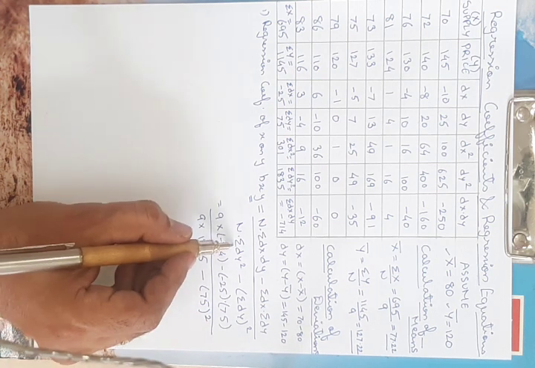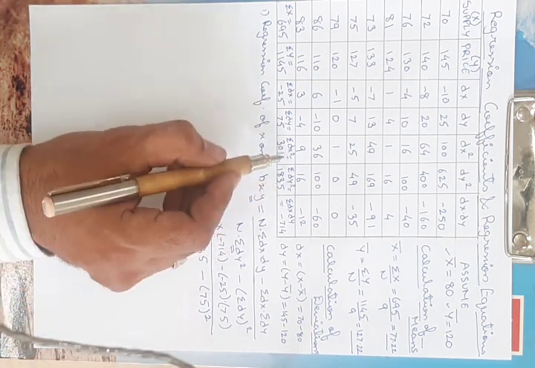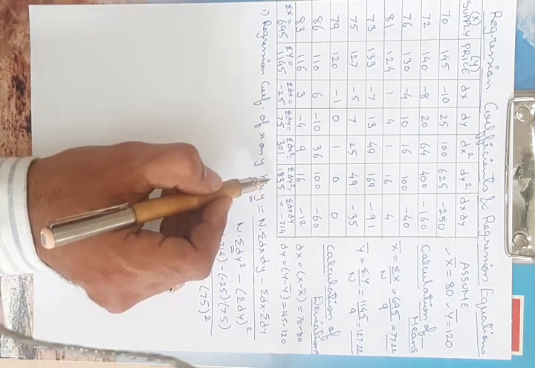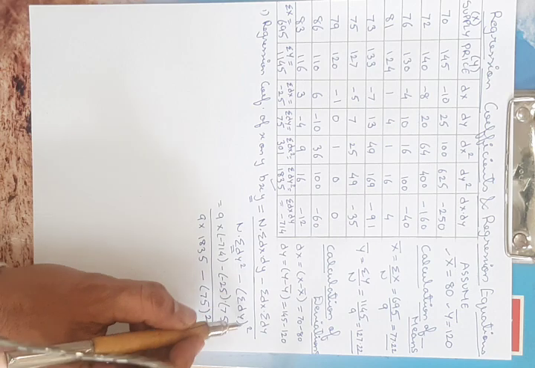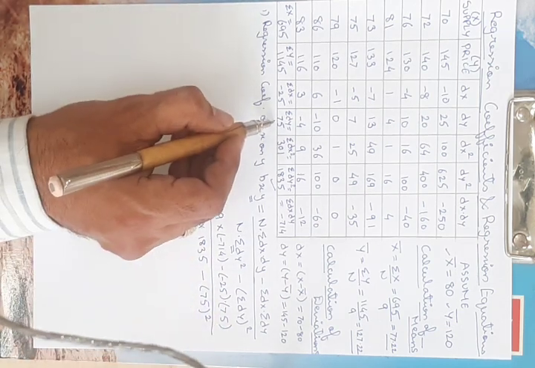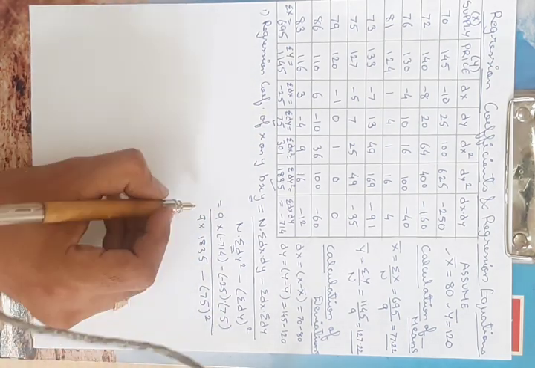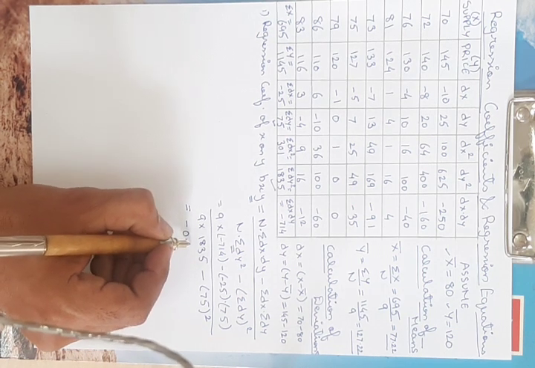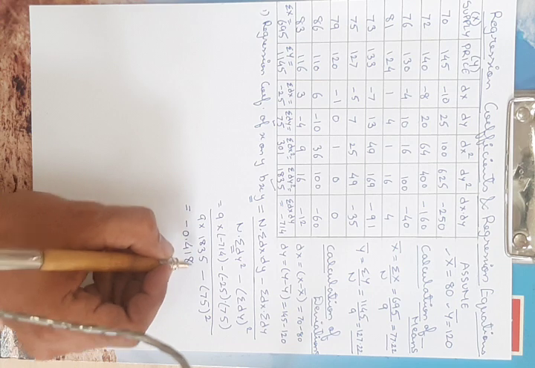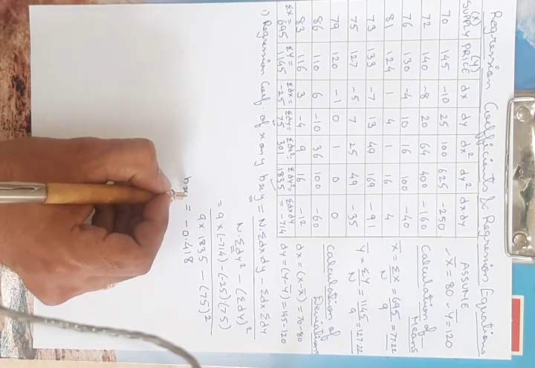Now there is a difference. Summation of dy square means this particular value, whereas summation of dy bracket square is summation of dy in bracket, that is 75. So the answer is 0.418, that is bxy.